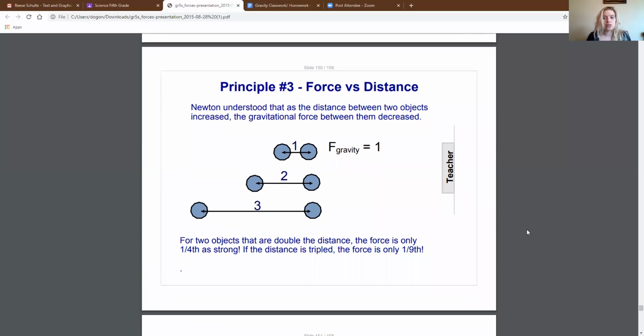Okay. Newton understood that as the distance between 2 objects increased, the gravitational force decreased. Okay. So as our distance increases, our gravity decreases.